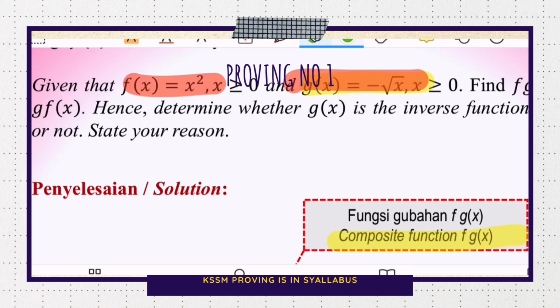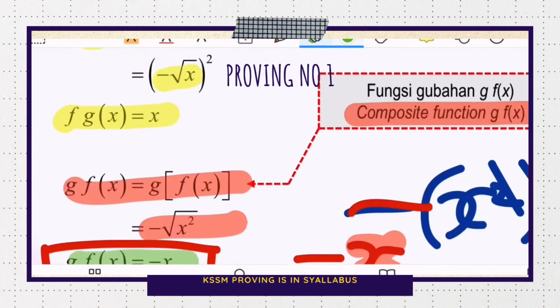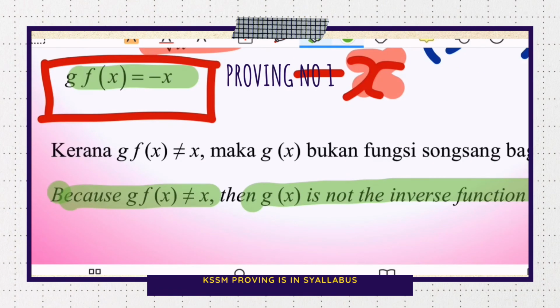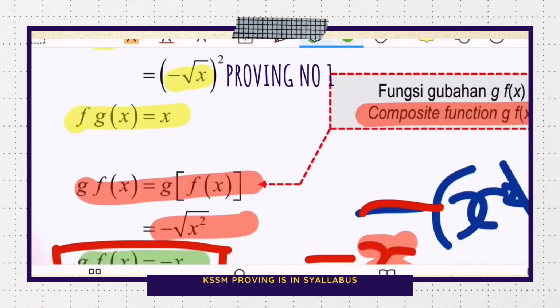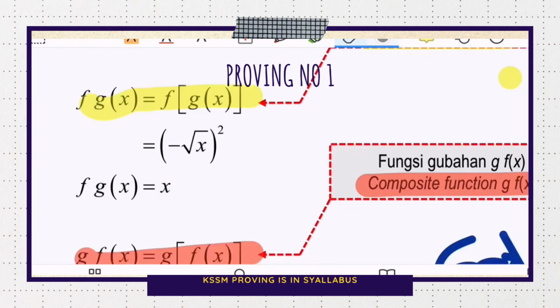Find fg(x), find gf(x), and then determine that g(x) is the inverse function of f(x) or not. State your reason. So we found out that g(x) is not the inverse function of the f(x), because if it is the inverse, you will get the x.